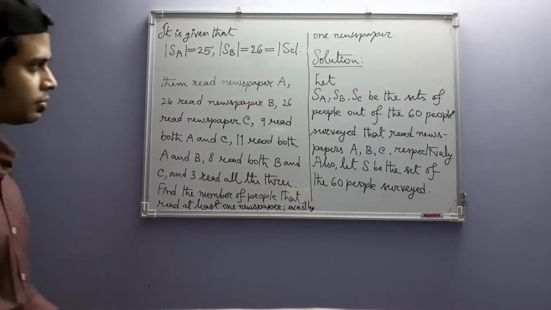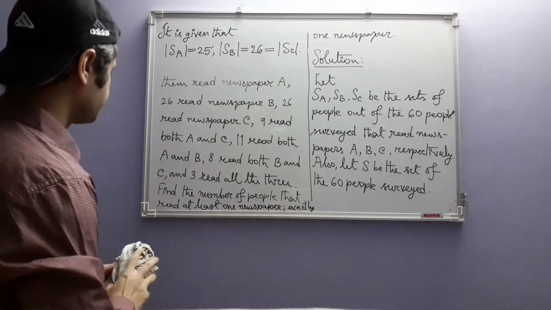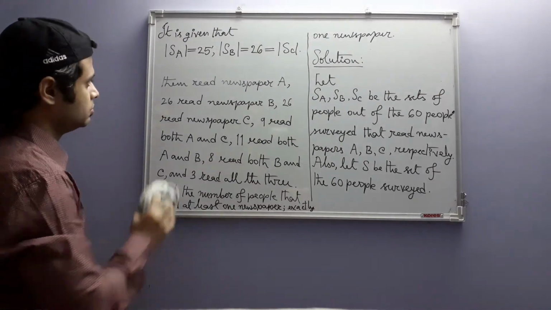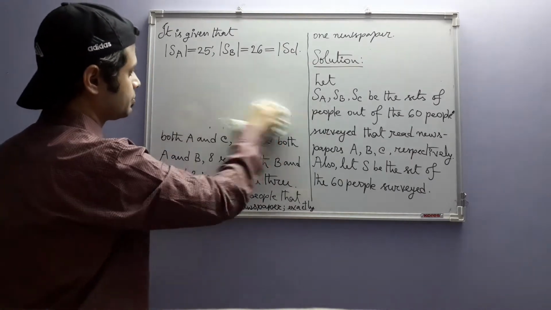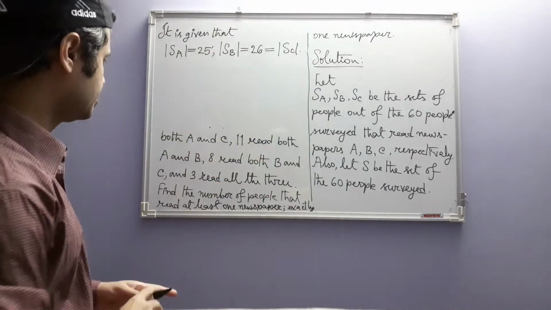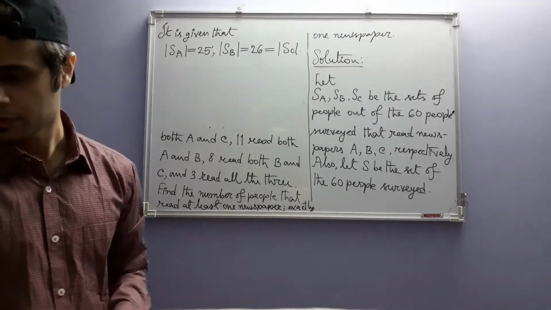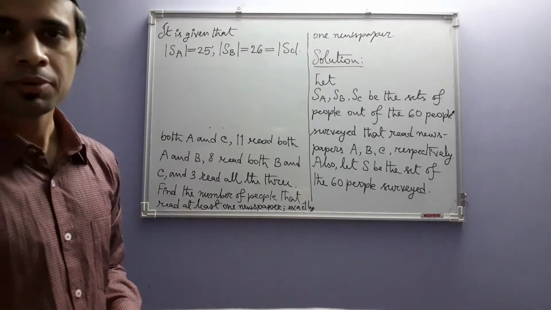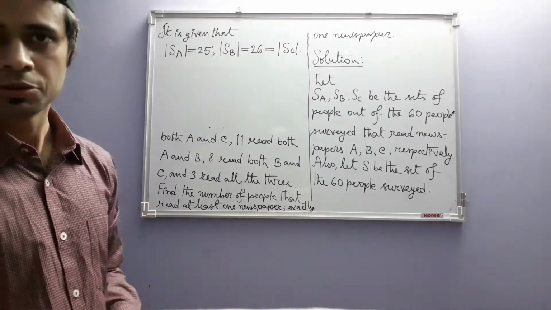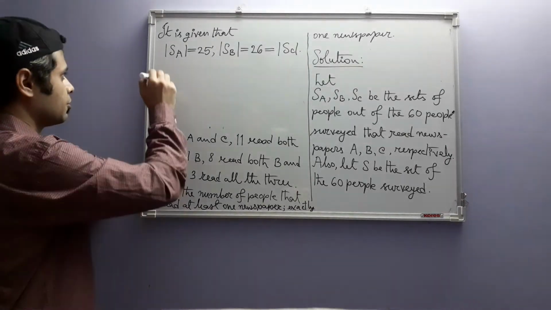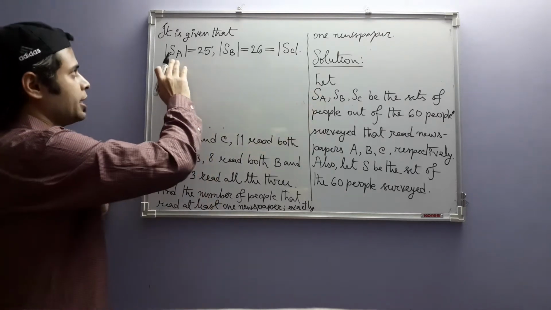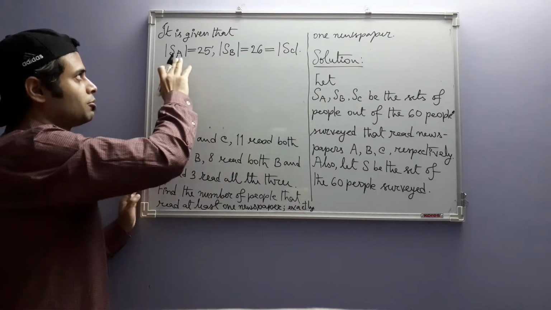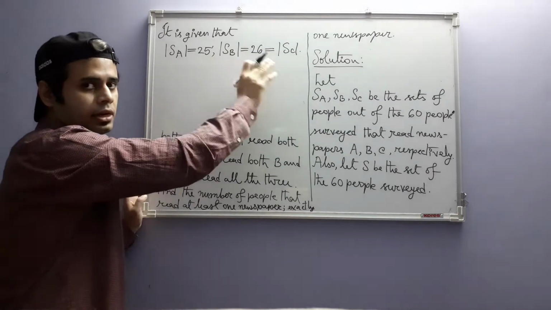Okay. Now, what else is given? 9 people read both newspapers A and C. Now, reading both newspapers A and C means that these are the people who are common to these two sets, SA and SC.